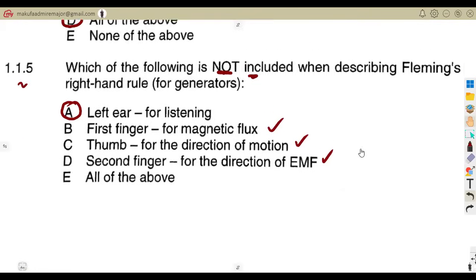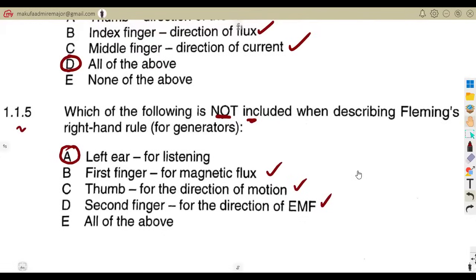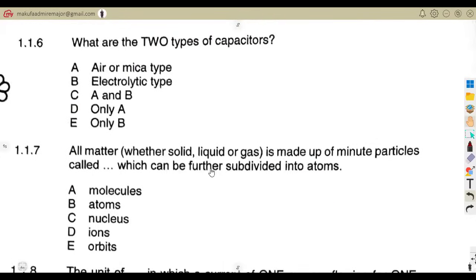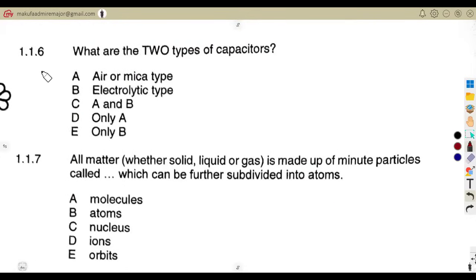So also these questions, guys, you have to choose the best answer that you're given there. What are two types of capacitors from this part? Air or mica type? These are types of capacitors. You do know this. Electrolytic type is also a type of capacitor.